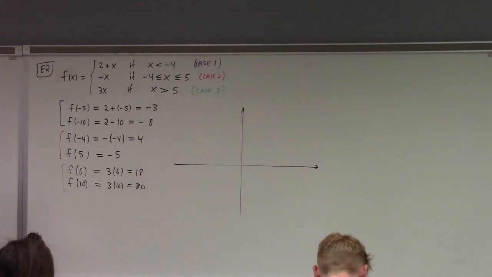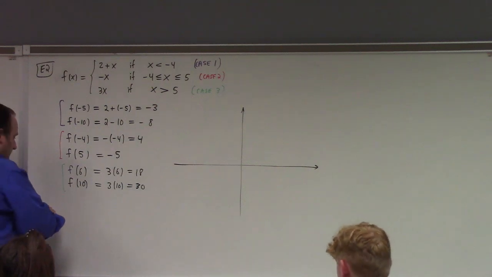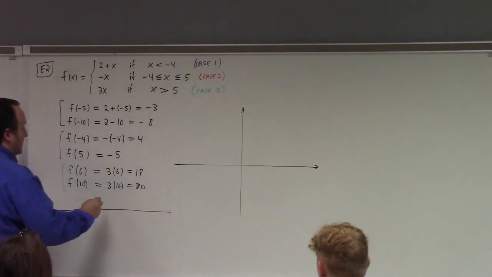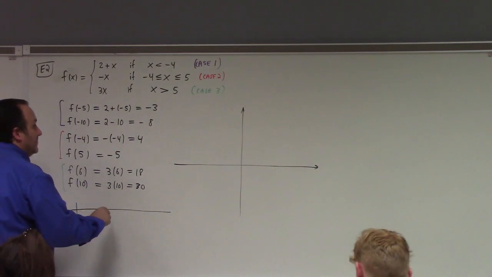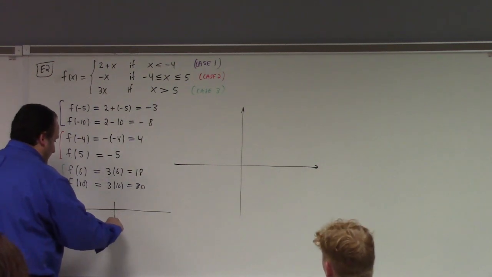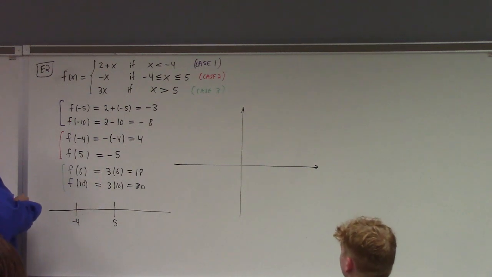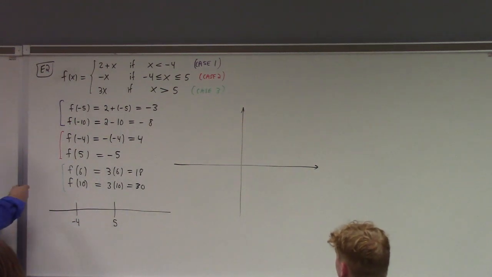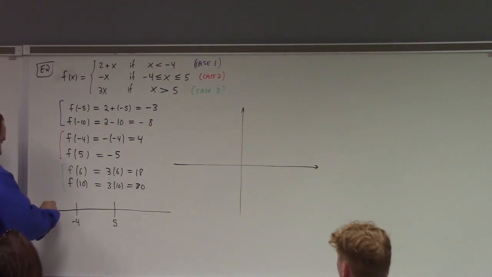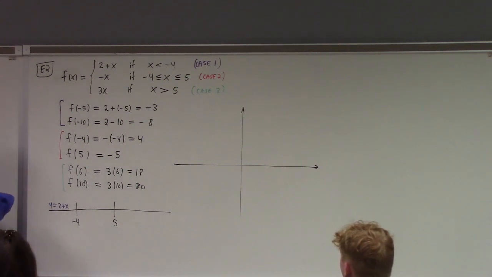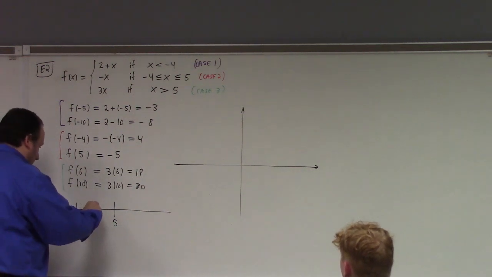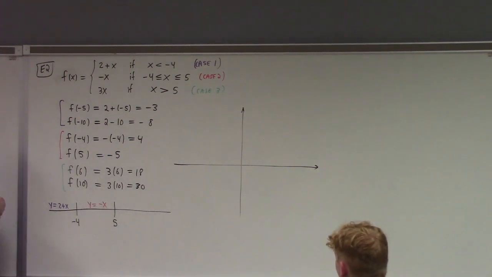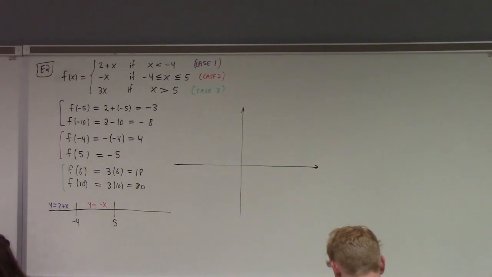Now I think it's helpful maybe to draw a picture for these kinds of functions. So here's -4. Here's 5, right? If you look at it, we really have y equals 2 plus x over here, y equals minus x in this case, and y equals 3x in the third case, right?